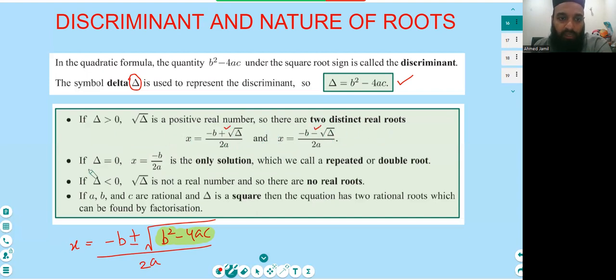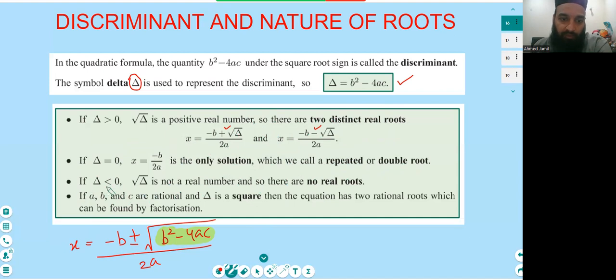Got it? And if delta is equal to 0, the thing inside the square root becomes 0, which means there will be only one answer. So it has only one solution, or we can say it is a repeated or double root.